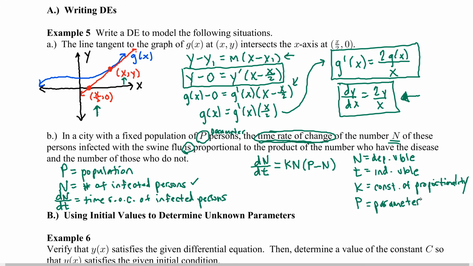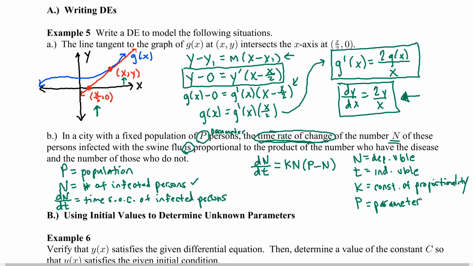What's the difference between a parameter and a variable? A variable is a changing quantity that we're measuring, whereas the parameters, K and P, will be fixed numbers specific to a given community. Okay, so that rate of change may be different in a smaller community than in a very busy city. So those again would be attached to a specific community.